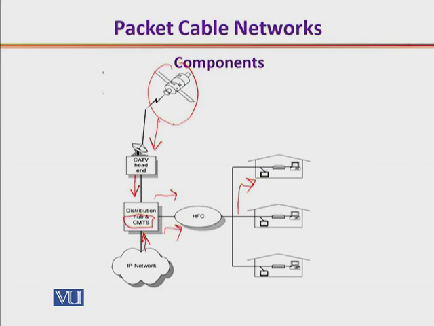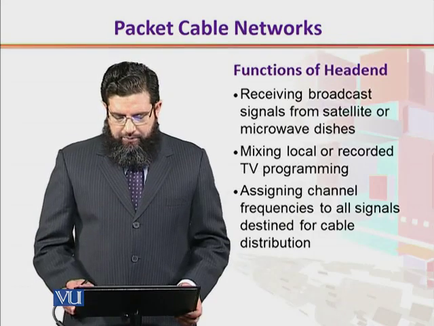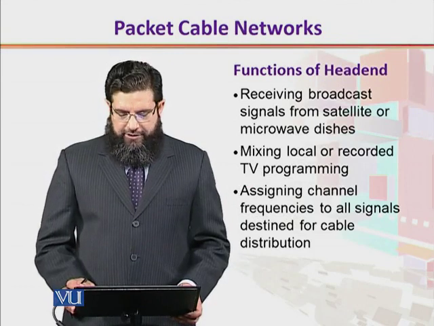So either the satellite channels are being sent to the individual users or the internet traffic is coming in here. So we have successfully demonstrated that using the hybrid fiber coax, the conventional cable TV can now be used for internet traffic as well. The headend now has some evolved functionality.